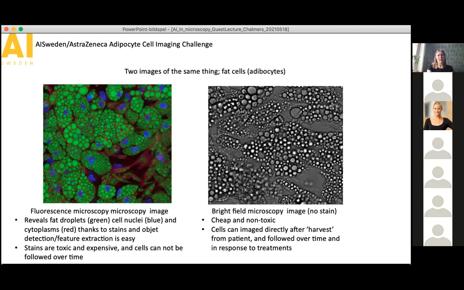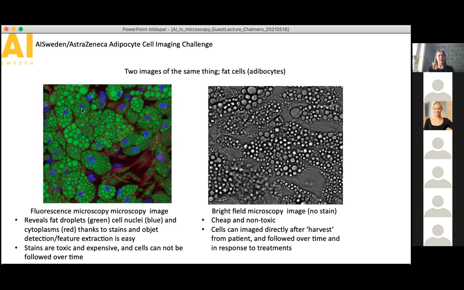So it should say adipocytes here, it should be a P there, sorry about that. So this is also a challenge that AI Sweden organized together with AstraZeneca. And what AstraZeneca wants to do is to study fat cells. So what you see here are two images of fat cells.